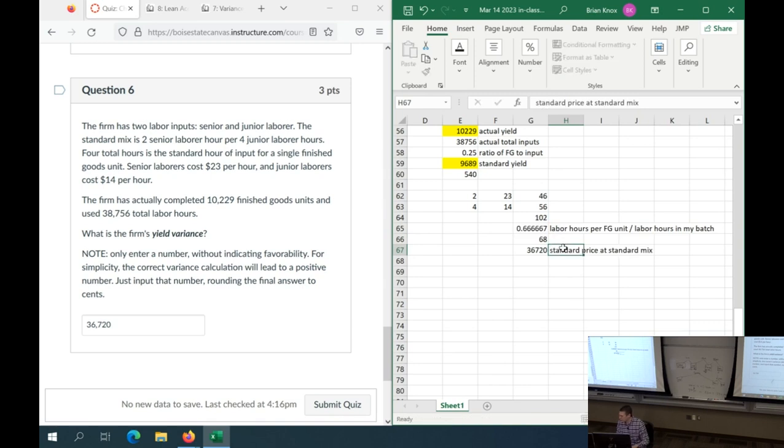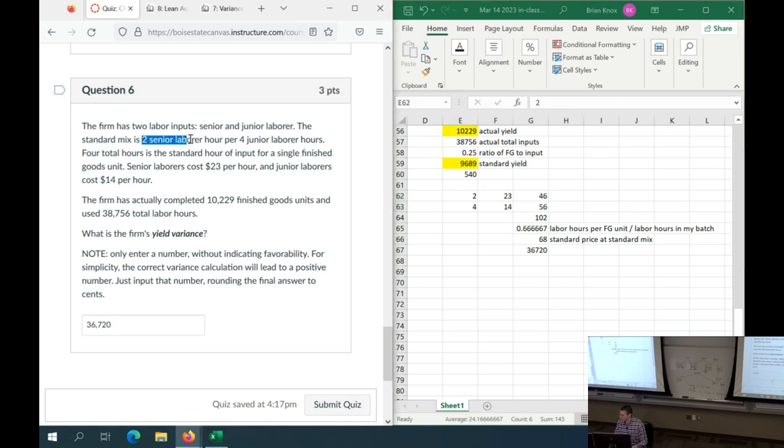Because I took the different types of input times their prices, and then converted that 6 hours of input into the 4 hours needed to complete a finished goods unit. So given $102 to do 6 hours of labor, divided by 6 times 4, that's 4/6, gives us $68 standard price at the standard mix.